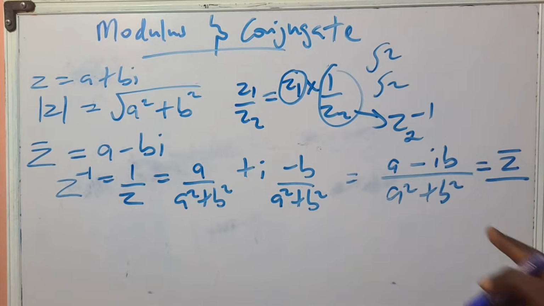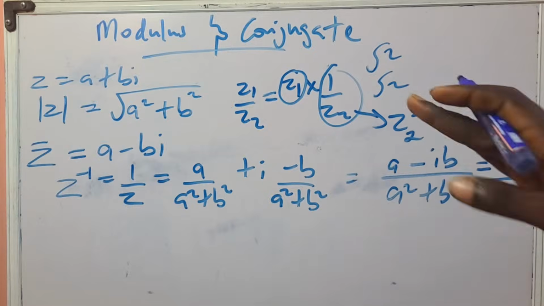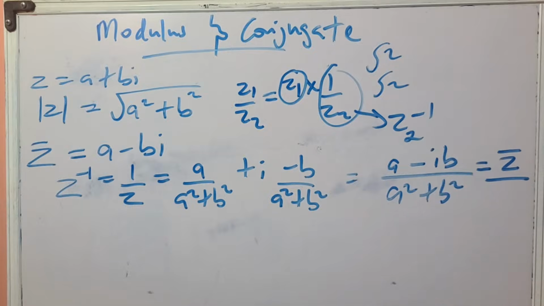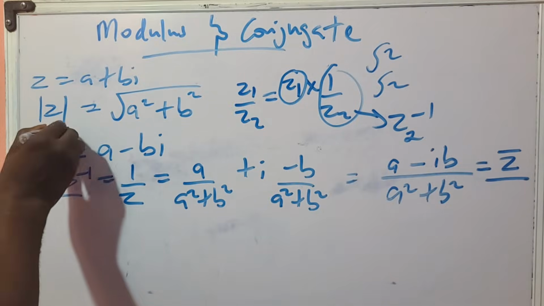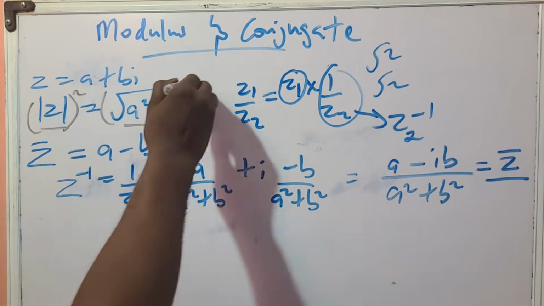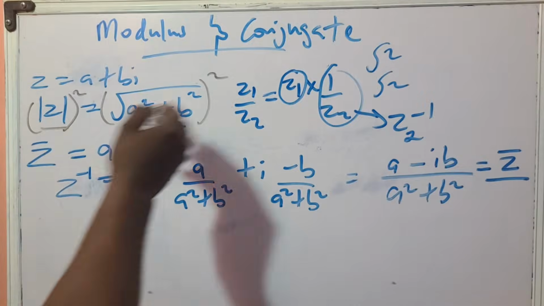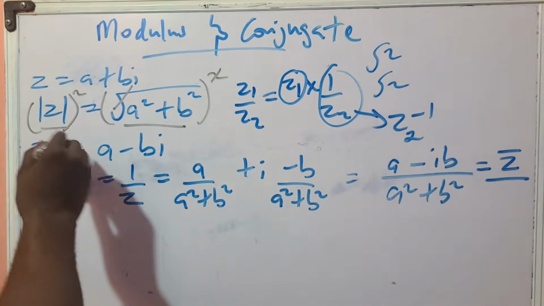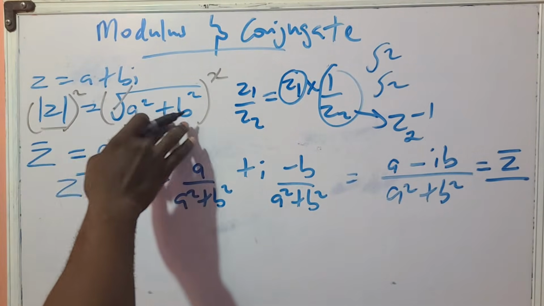Now, if you look at the denominator, it was actually the square of the modulus. Because if you go on to square this, look at what we fixed there as the modulus. This was the modulus, right? If you square this, the cross terms cancel, and the square of this will be a squared plus b squared.